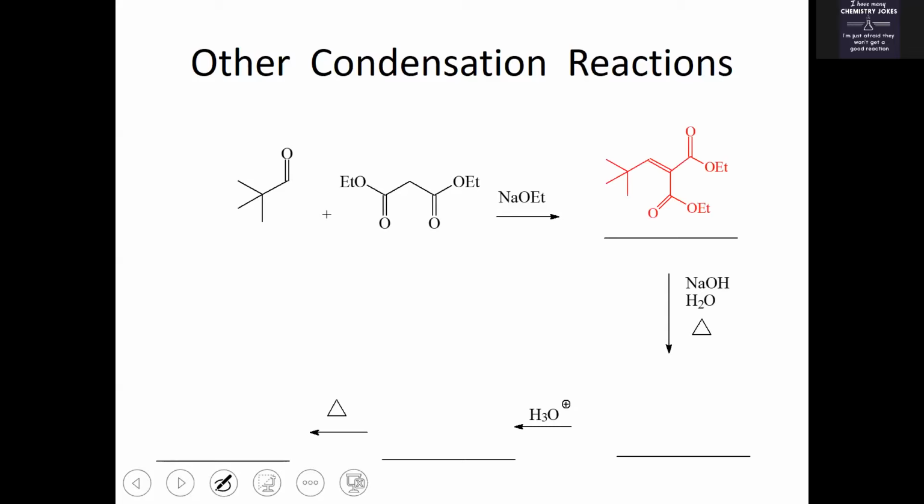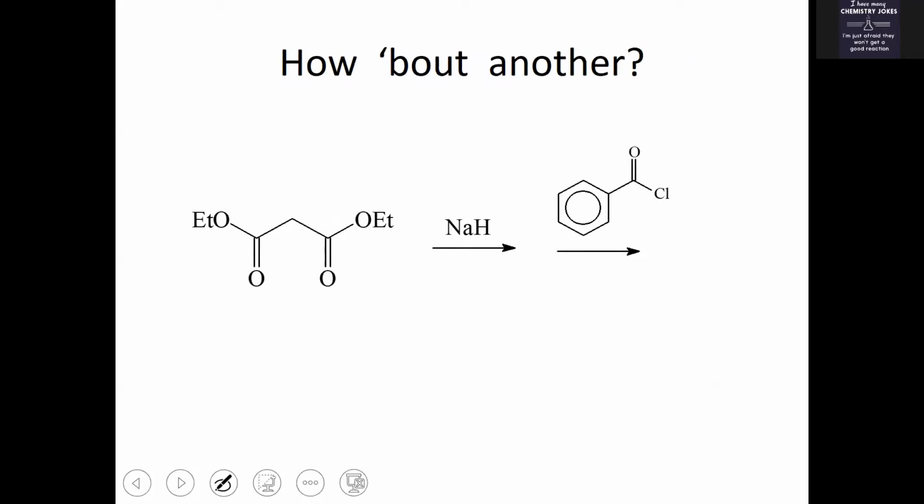I have faith that you can understand how that works, but maybe you should try drawing it. Any idea what hydroxide and water and heat might do? Saponify, leave you with carboxylates. Acidify, decarboxylate.